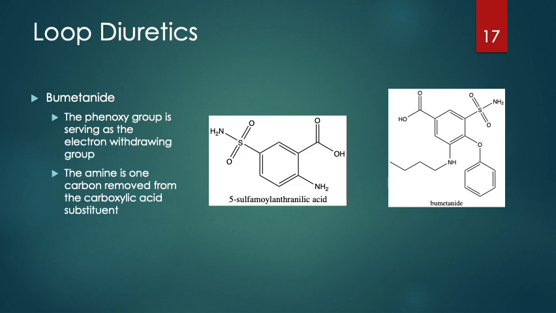In this particular case, moving the amine group one carbon away from the carboxylic acid, and also introducing the phenoxy group instead of a chloro or fluoro group, have allowed bumetanide to have a higher diuretic potency.